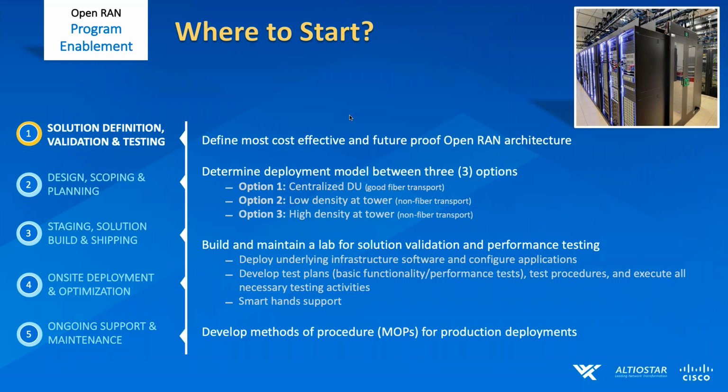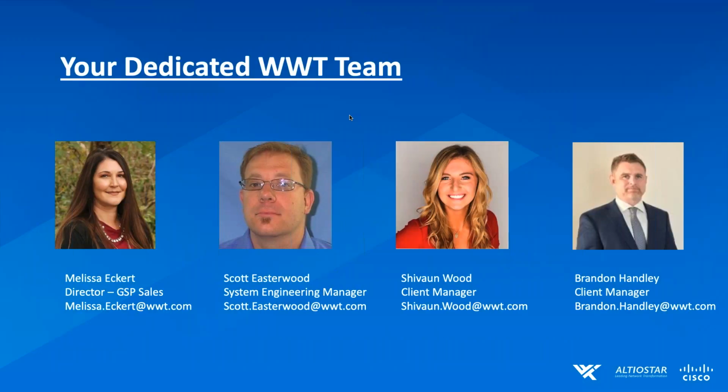Which of the options that Shabir talked through are going to make the most logical sense to not just drive cost out of the deployment, but provide a cohesive strategy so that you can begin to embrace things like 5G over time. So once we've figured this out, then we move to design, scoping, planning, staging, and beyond. But this is really important, and I think it's not dissimilar to any large technology transition.